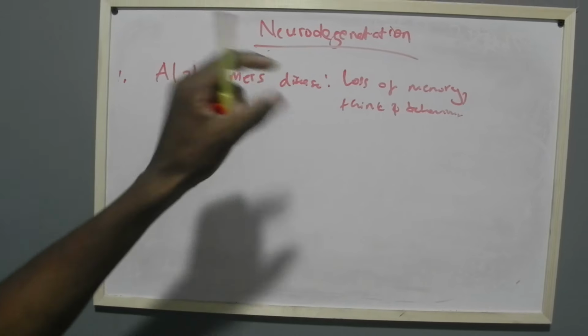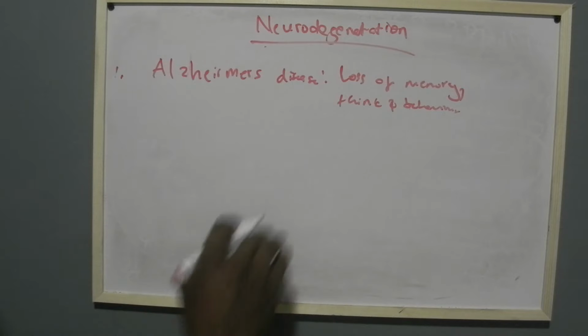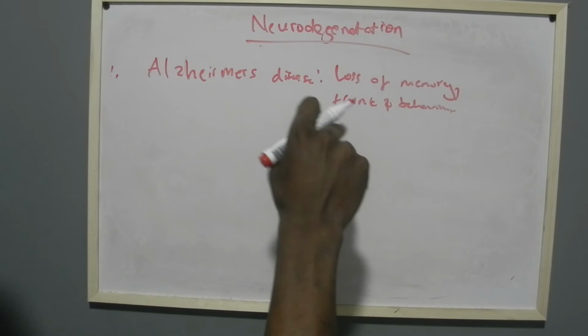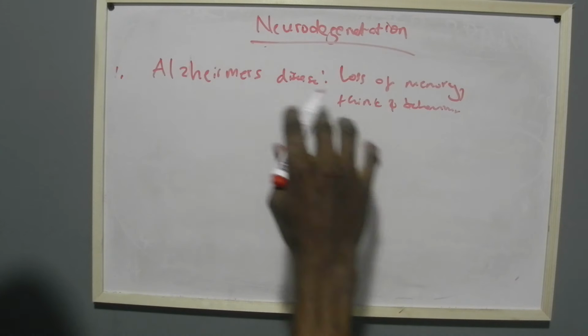Once certain neurons inside the brain are affected, it causes a loss of memory, thinking, and behavior problems. You will know that it is called Alzheimer's disease.